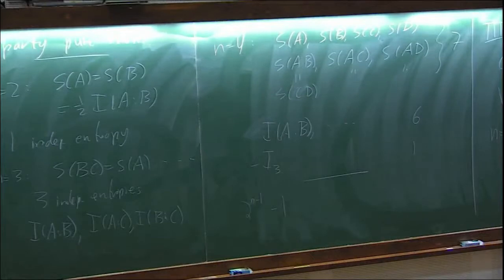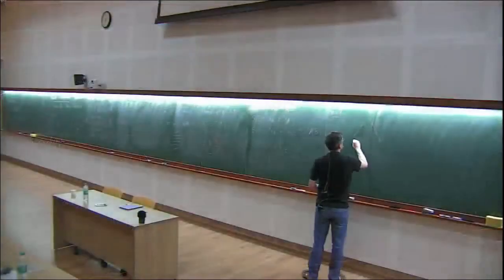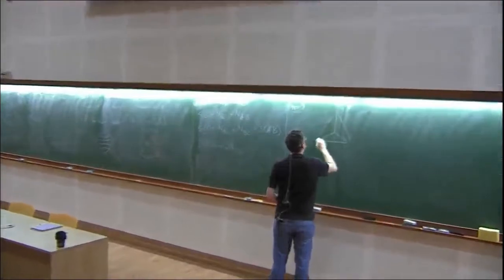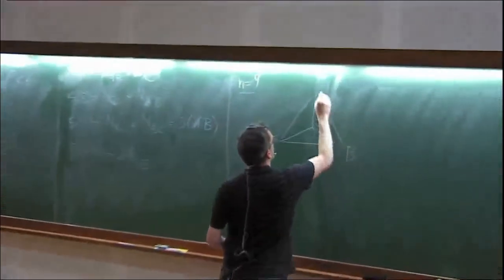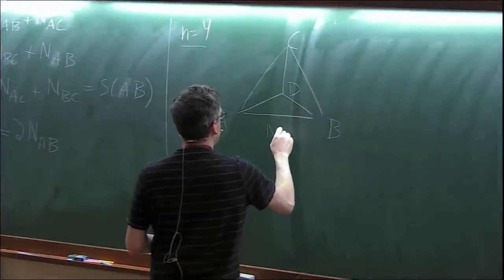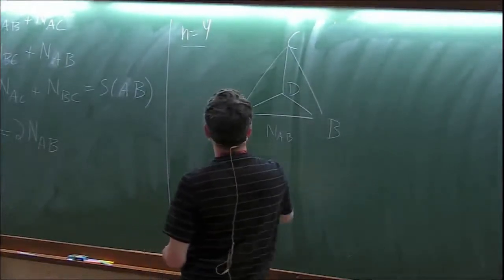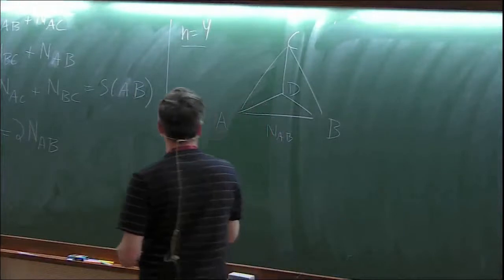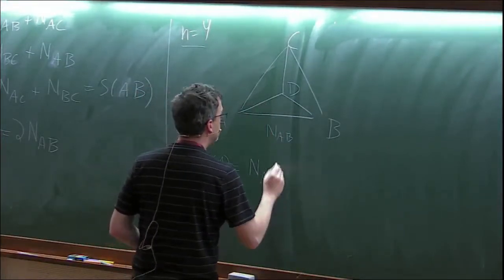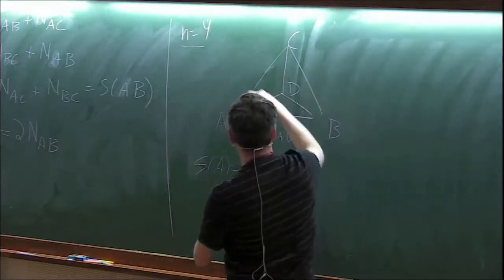Okay, so here we get, I'm not going to draw it in this way, but maybe I'll draw it like this, as a tetrahedron. And so we get NAB, etc., such that S of A is NAB plus NAC, plus NAD, etc. It's just the total number, the sum of these numbers.